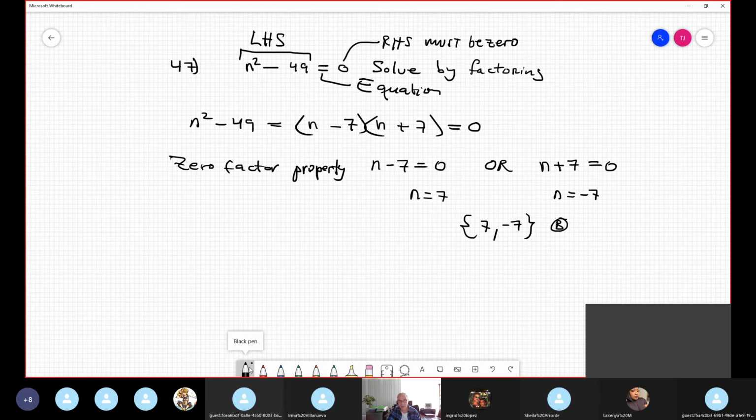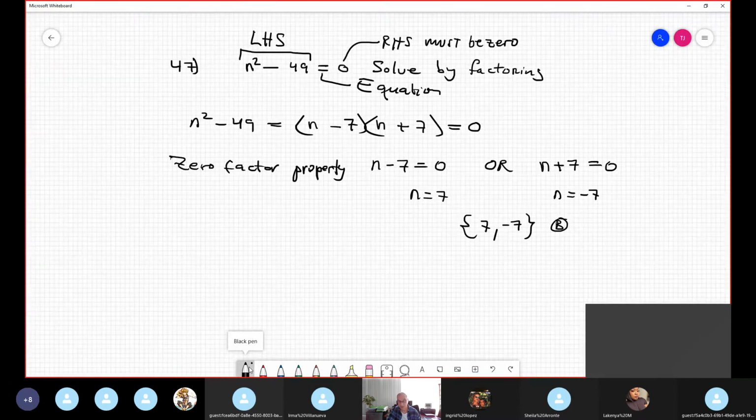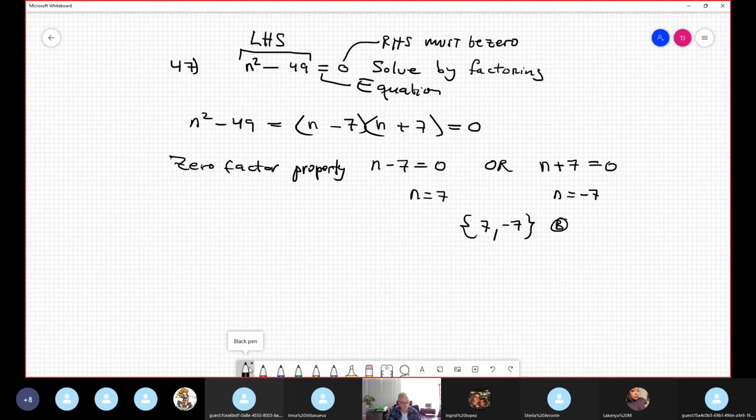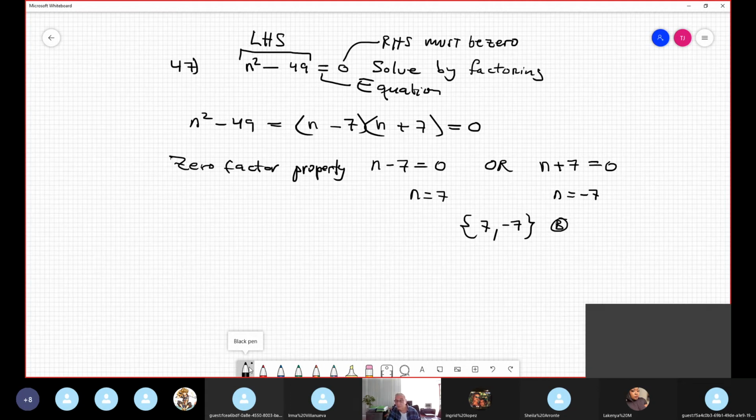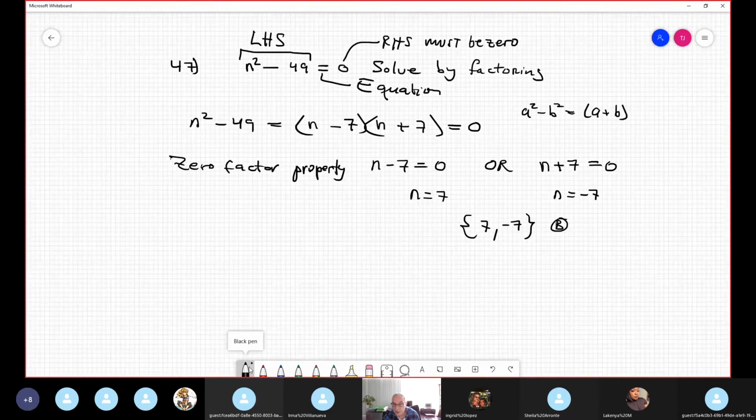Okay, the solution is 7 and -7. It doesn't matter. Typing the question. The formula that we apply in that case is a squared minus b squared is equal to a plus b times a minus b.